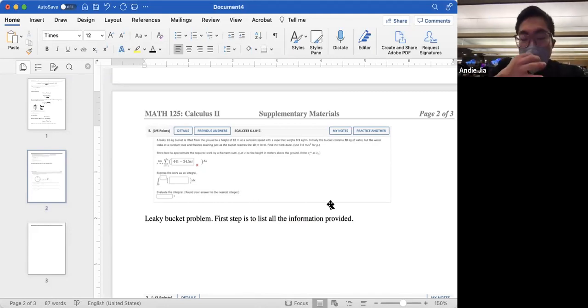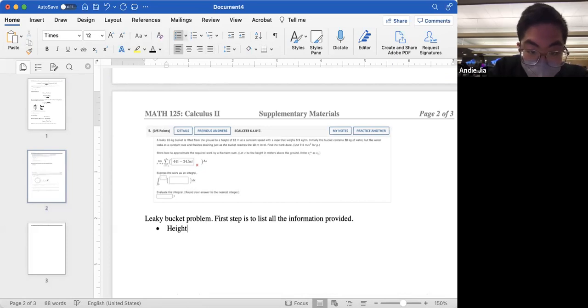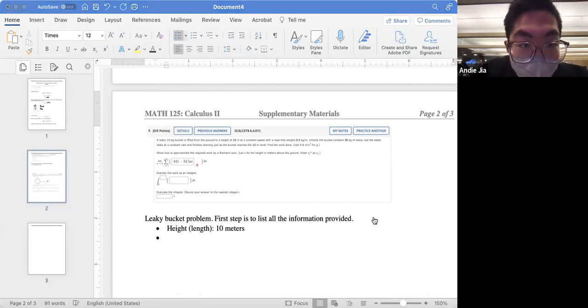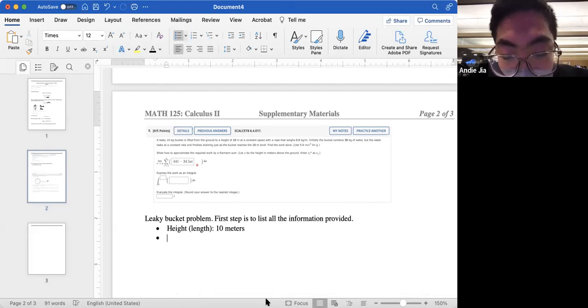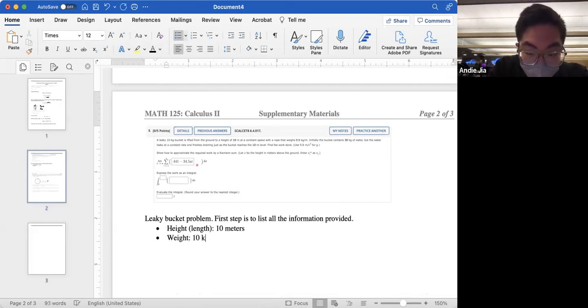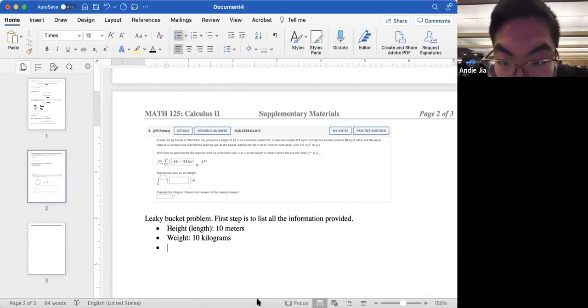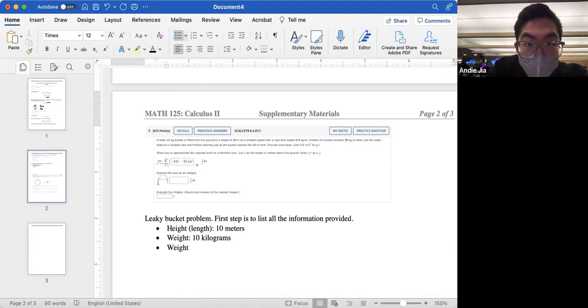So the height is 10 meters, and the weight of the bucket is 10 kilograms. And the weight of the rope is going to be 0.5.